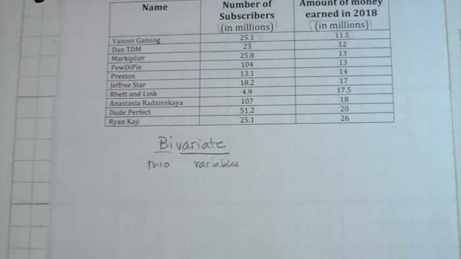All right, so our bivariate data, we have two variables for each element in our population. And let's go ahead and make a scatter plot and see if there's any association between the number of subscribers and the amount of money they earned.